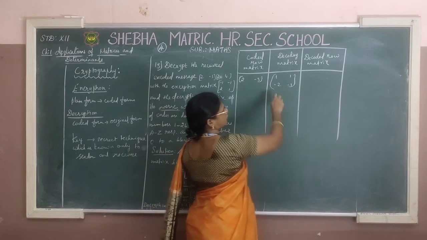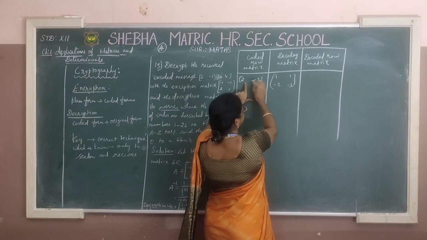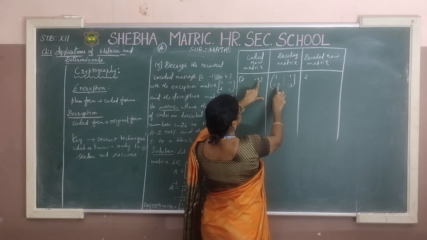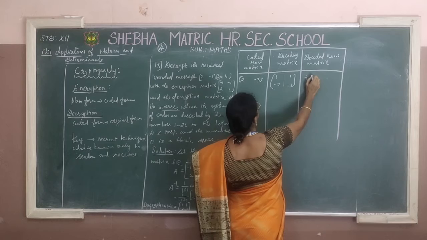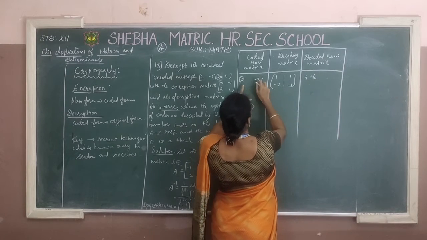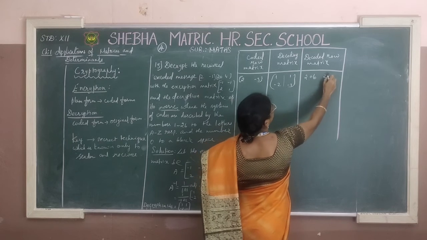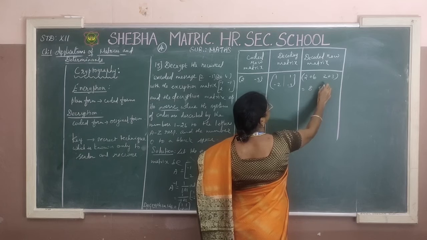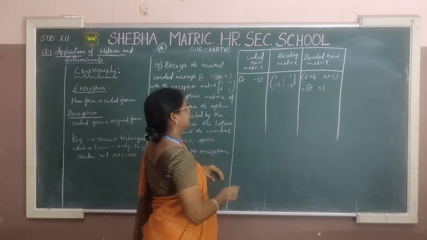After multiplying these two, we get the decoded row matrix. 2 into 1 is 2, and minus 3 into minus 2 is plus 6, and the next one, 2 into 2 is 2, minus into minus is plus 3. So, our answer is 8, 5. This is our first decoded row matrix.